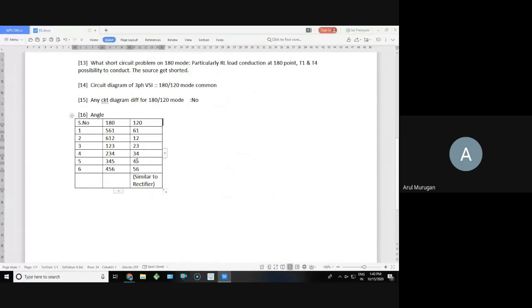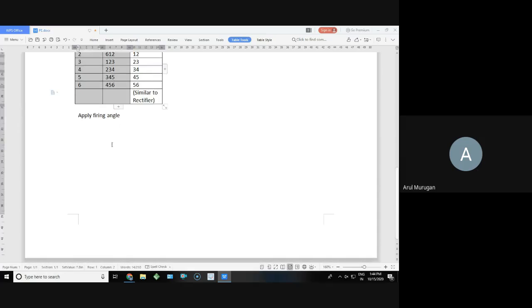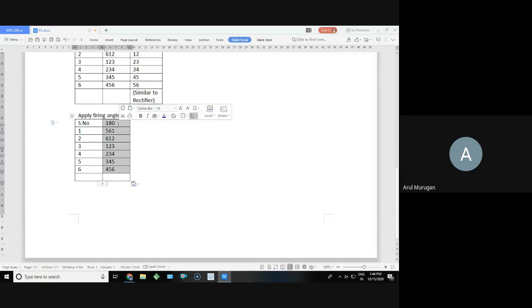We have still not seen the angle. So, how to apply the firing angle? How many switches are there?